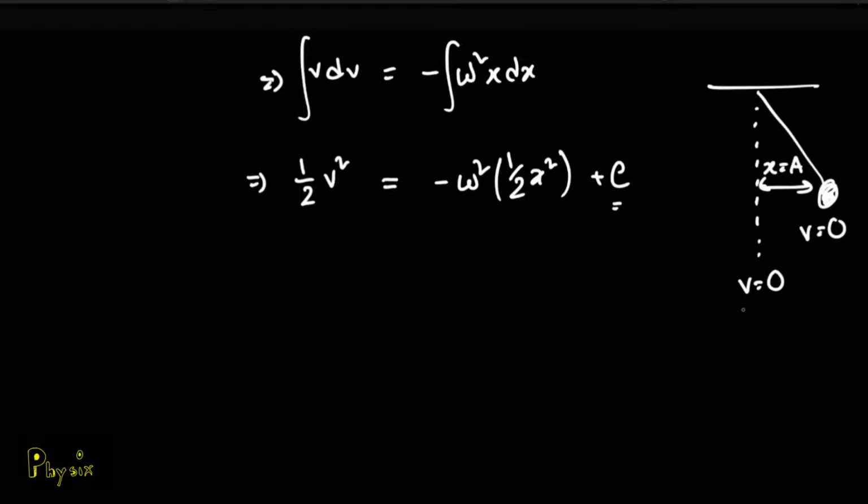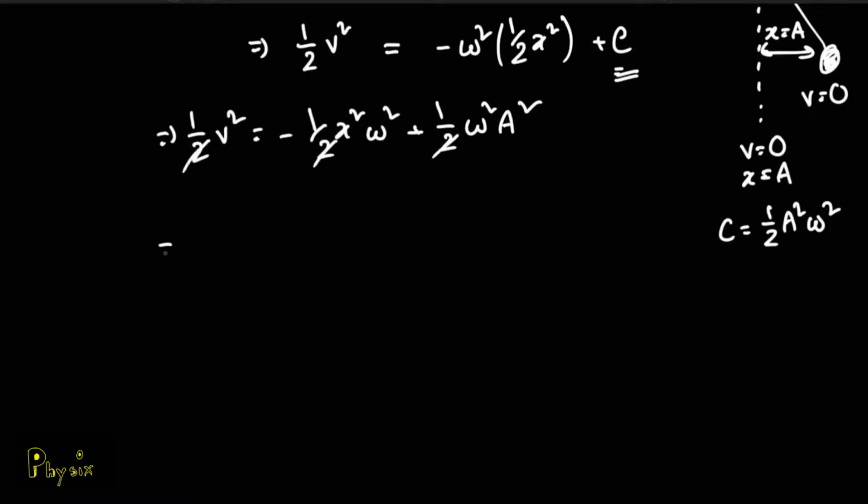Putting v equal to 0 at x equal to a in this equation, c happens to be half a squared times omega squared. Then we are left with half v squared equals minus half x squared omega squared plus half omega squared a squared. We can cancel the 2's in the denominator, and we are left with v squared equals omega squared times a squared minus x squared.